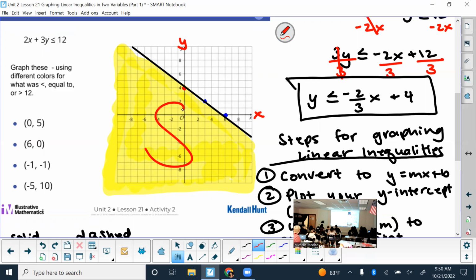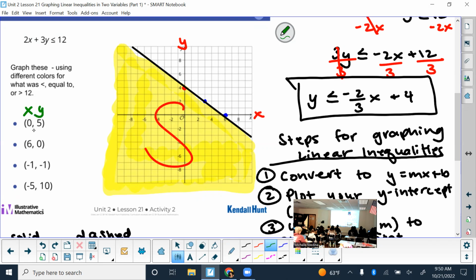All right, now these coordinates are from the warm-up, if you remember when we did it yesterday. Plot these coordinates on your coordinate plane. You guys know how to do that? Easy enough. If not, what order do the coordinates go in?